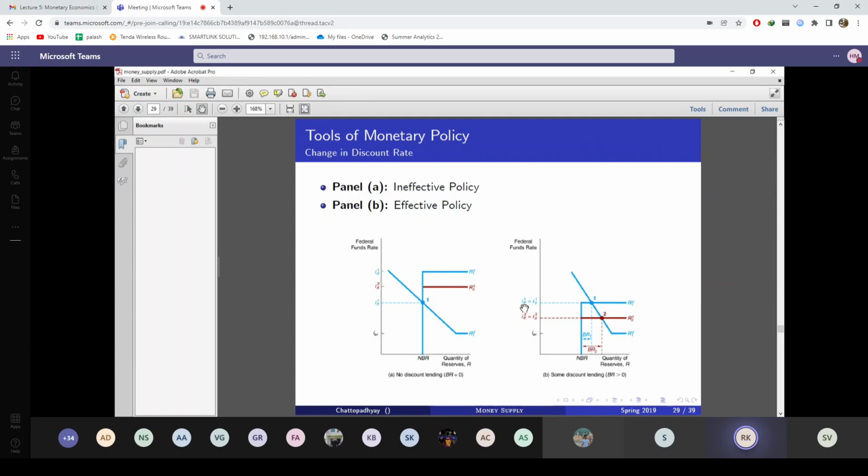Since my market clearing interest rate equals the discount rate, I reduce the discount rate, it reduces my market clearing interest rate. I borrow more from the central bank because initially I have to pay 10% to the central bank if I borrow from them. Now I have to pay, let's say, 5% to the central bank if I borrow from them. So my borrowed reserves rise. Total reserves, non-borrowed reserves plus borrowed reserves, is the high powered money. So high powered money rises, money supply rises.